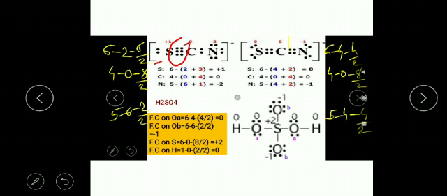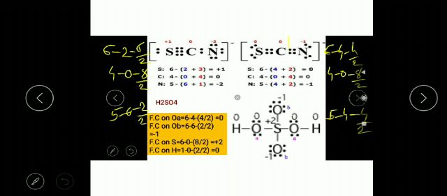So the answer is plus 1. For carbon, the valency is 4, minus 0 because no lone pair is there, minus 8. This 6 and these 2 become 8, so the answer is 0.